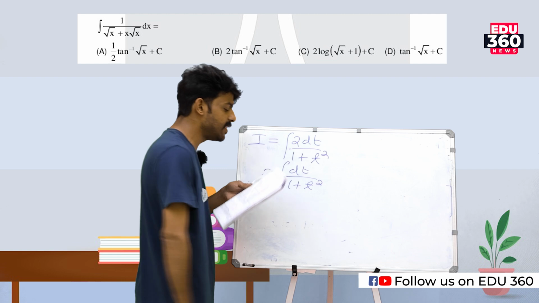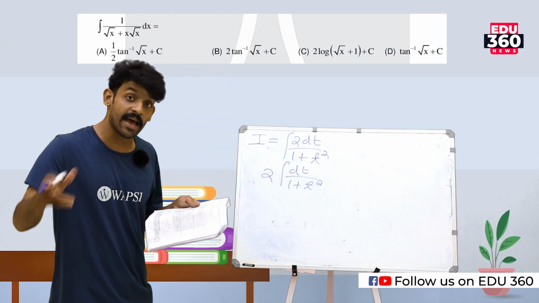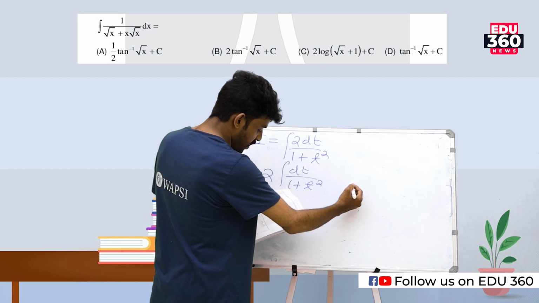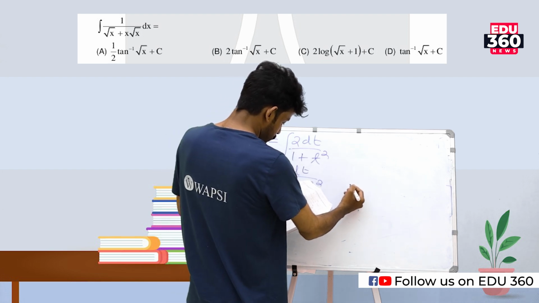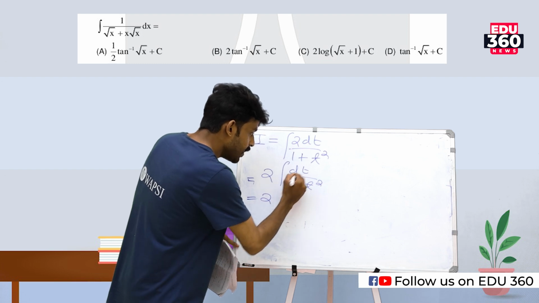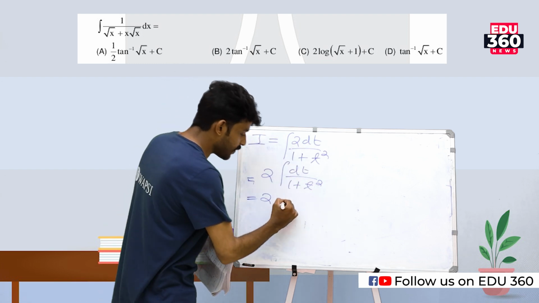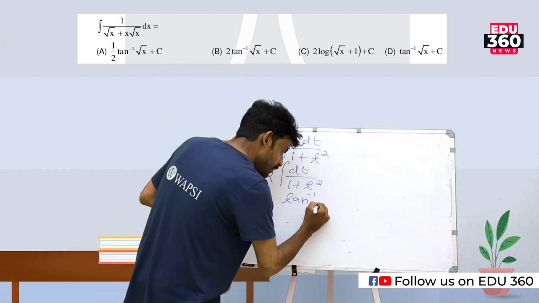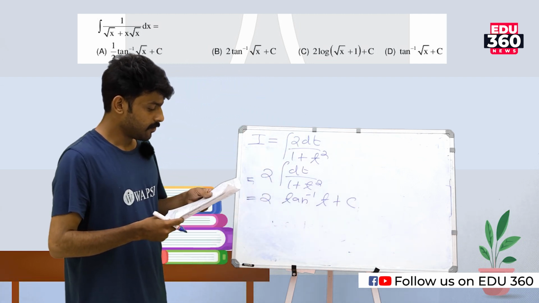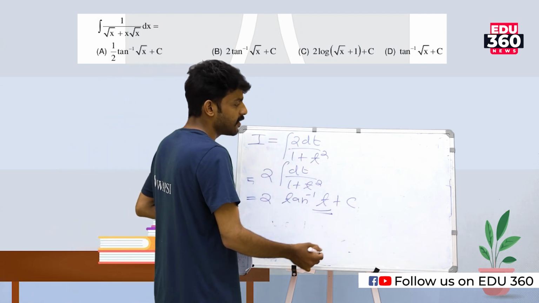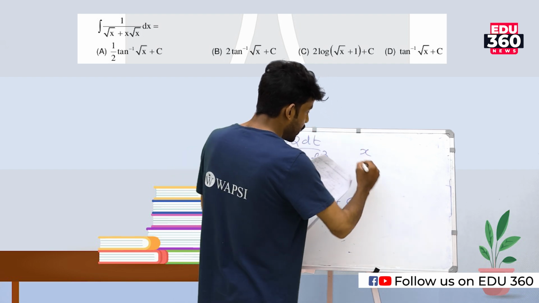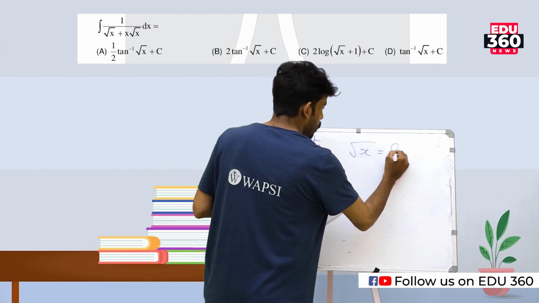The integral of dt divided by 1 plus t square is tan inverse t. I forgot to mention c here, so it is tan inverse t plus c. On the previous step we already noted root x is equal to t.